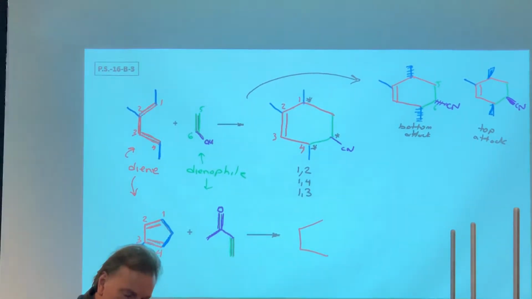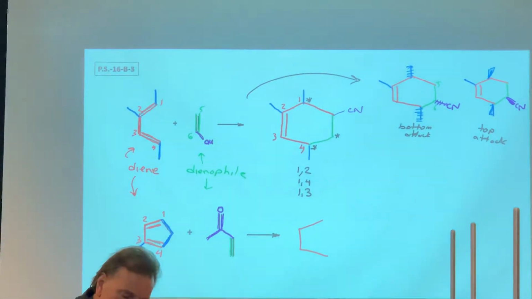Let me show with the laser pointer to understand it. 1,2 is which one? This is 1,2, yes? Next to each other. 1,4 is this and this, yes? This is 1,4, yes? And 1,3 is this. Let's mentally put it over here. Let me see if I can do it without messing it up too much. Okay, good.